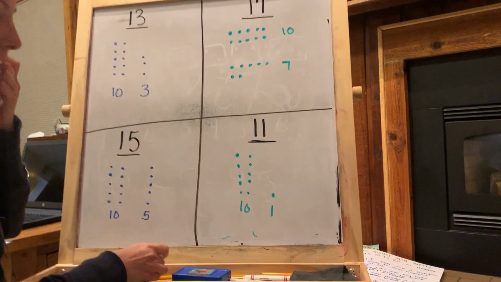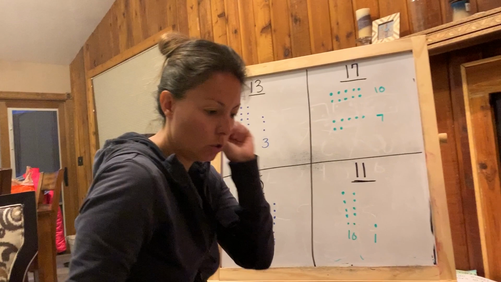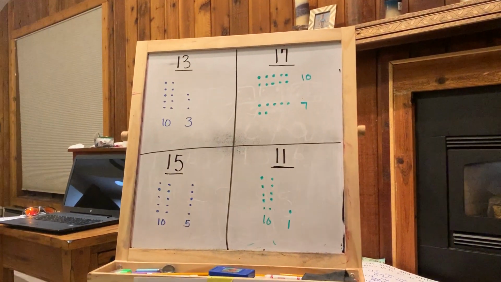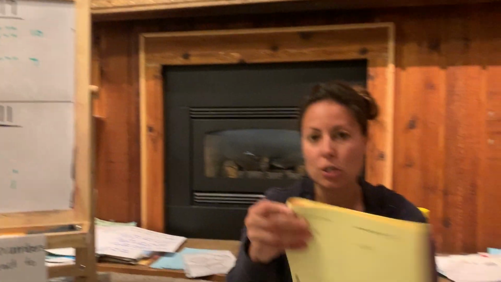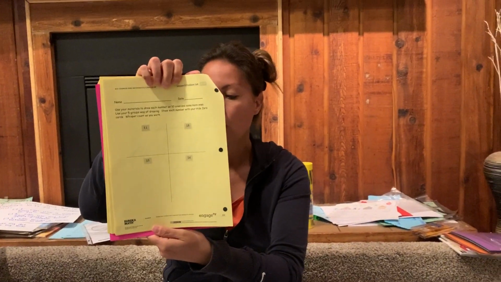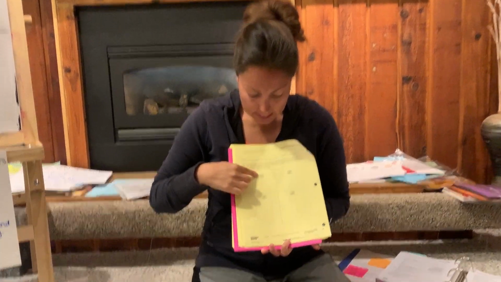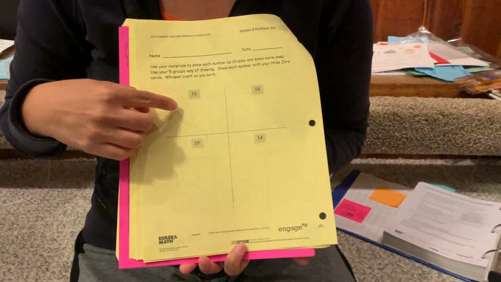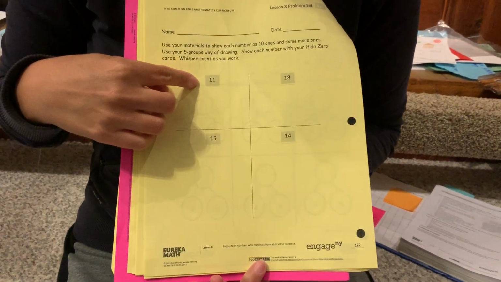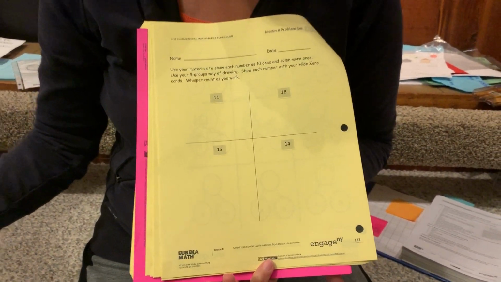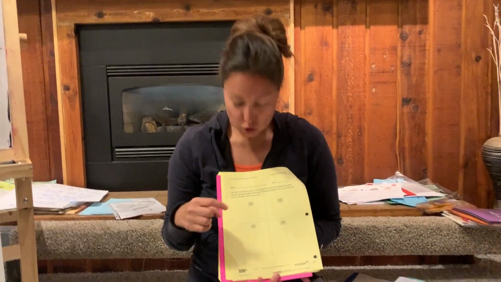Okay, so for today, again, you're going to do pages 122 and page 123. You are going to look at the number that they're giving you, and you are going to draw this number the same way that you have your hide 0 dot cards. So again, you want to draw it the 5 group way.